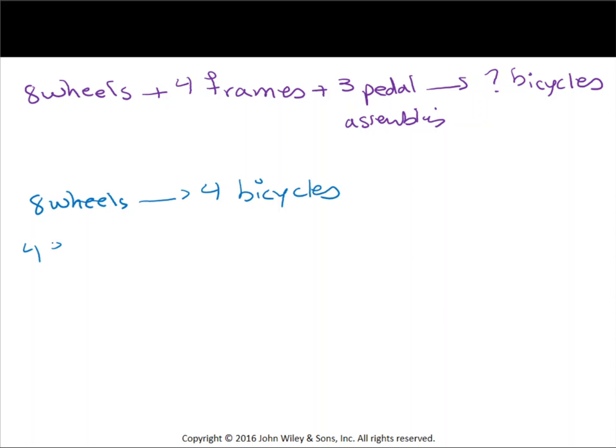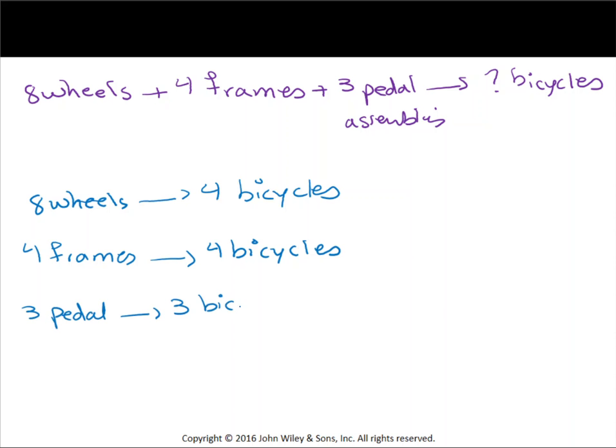If I have 4 frames and I'm looking at each part individually, so if I use all 4 frames that are given to me, the maximum number of bicycles I can make is also 4. Now, with only 3 pedals, the maximum number of bicycles that I can make is only 3.